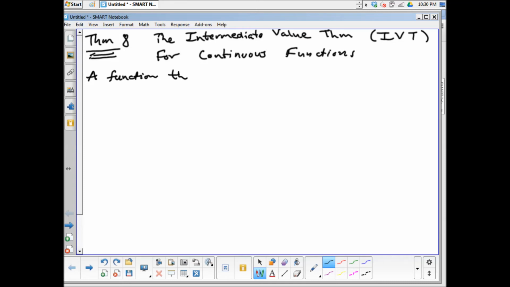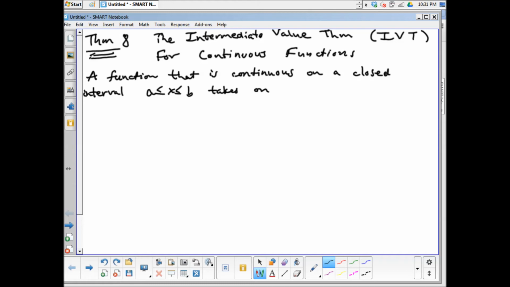A function that is continuous on a closed interval a to b takes on every value between f of a and f of b.